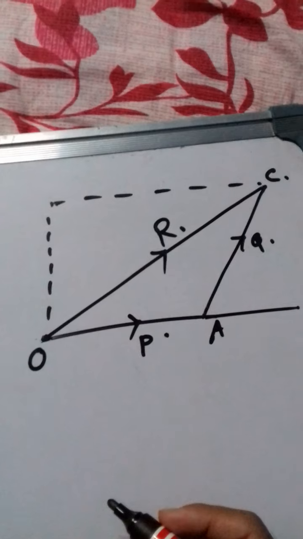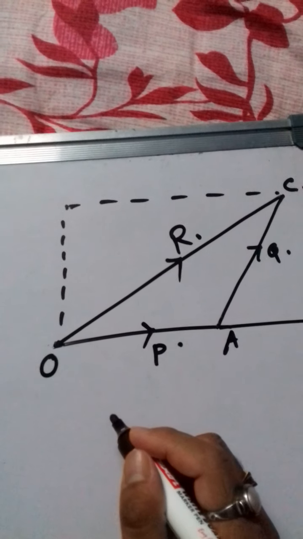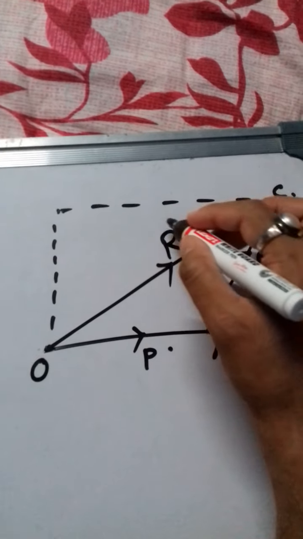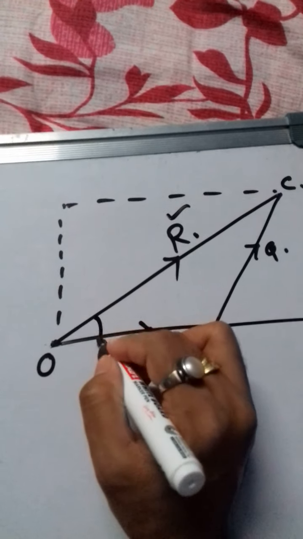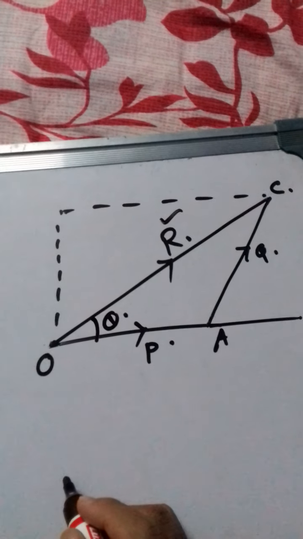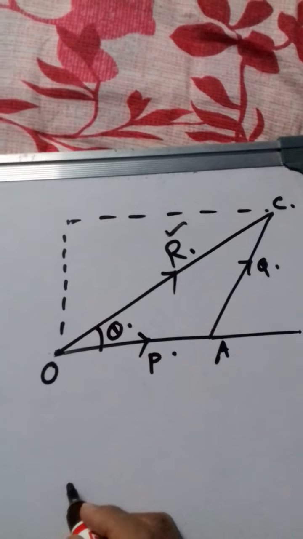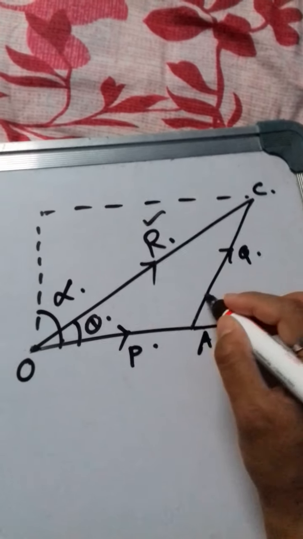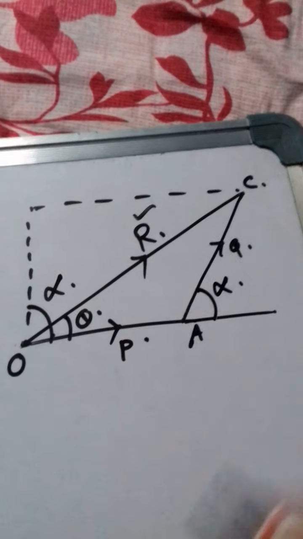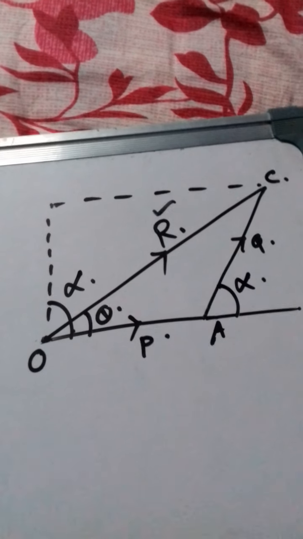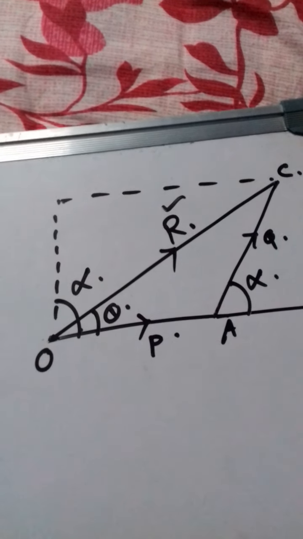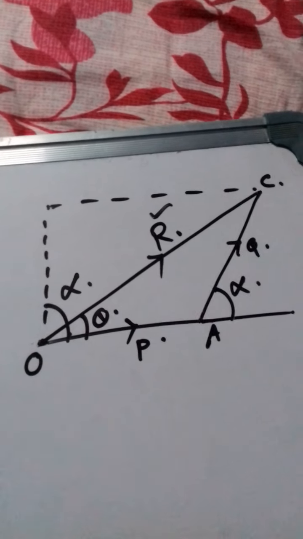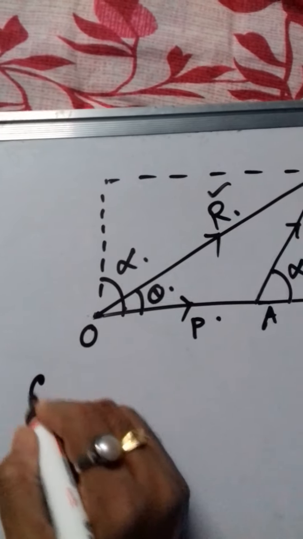Now we know that the angle between this resultant and any one of the forces was theta, right? And we know that if this total was alpha, then this angle was also equal to alpha, because these are the corresponding angles. Okay, now you consider triangle OAC.